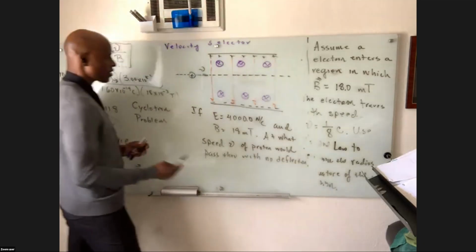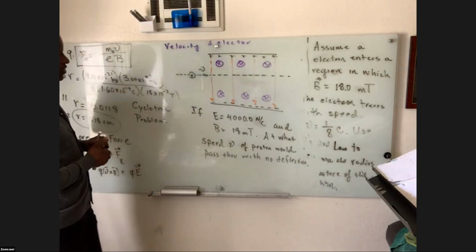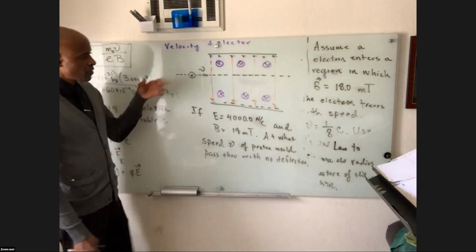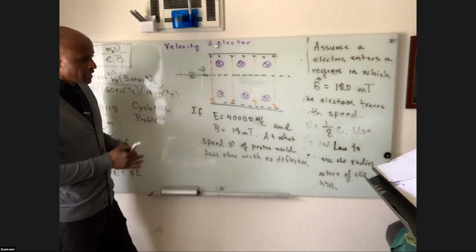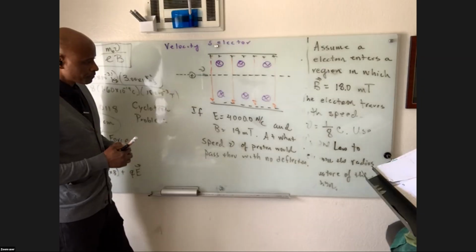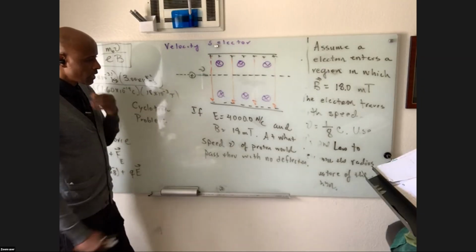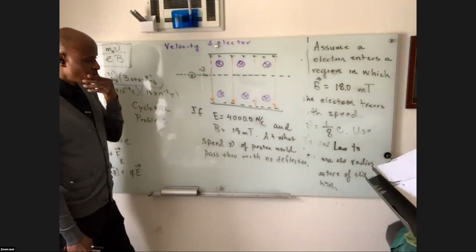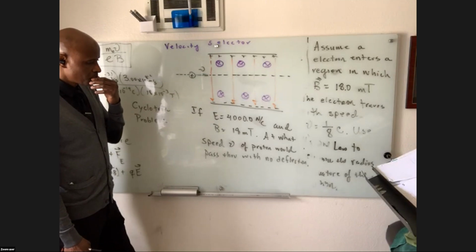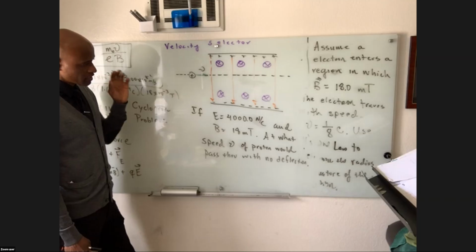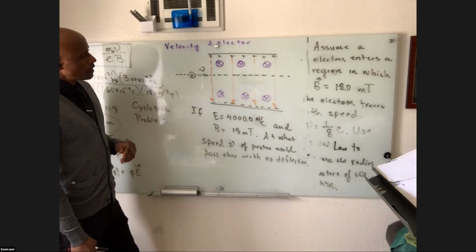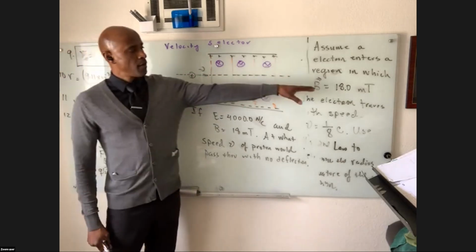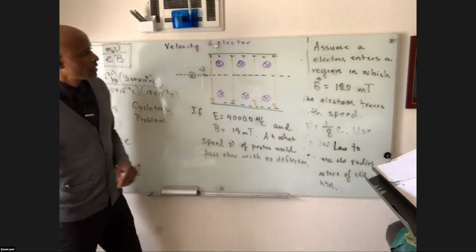So this is why it's called a velocity selector. Say you send in a beam with several velocities. Maybe it's a wide beam, so it's not like a laser; it just spews out particles and they have various velocities. Only certain velocities would make it through, right?